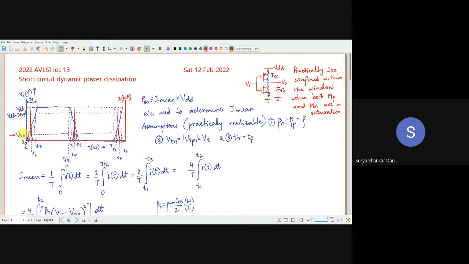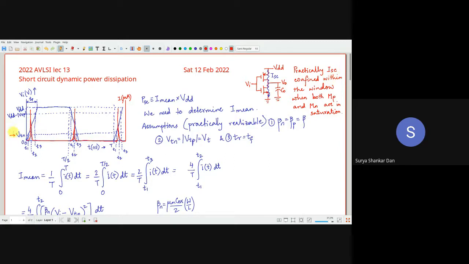So that is VTN, when Vi is equal to VTN. Remember, I'm plotting Vi over here. So that means when Vi is VTN, then only this short circuit current will start flowing. But as I said, practically the entire ISC will be confined when both of them are in saturation, as Ashok has rightly pointed out.